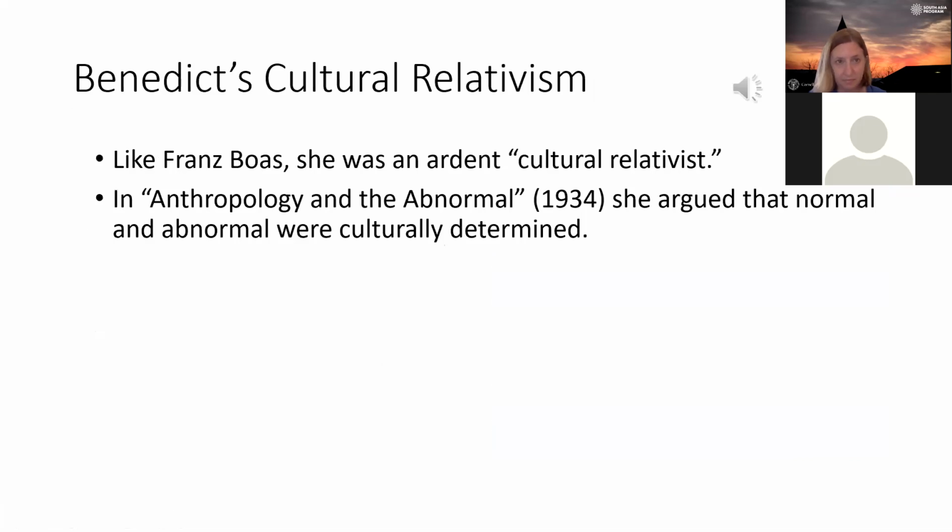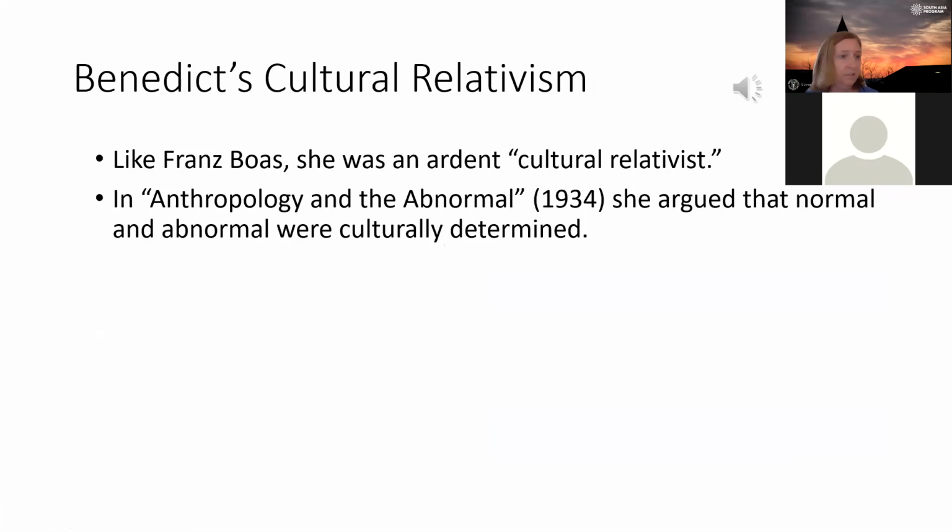Okay. Now, something we talked about quite extensively was Benedict's cultural relativism. She was an ardent cultural relativist, as she discussed in Anthropology and the Abnormal, which we read for class. She argues that normal and abnormal are culturally determined.